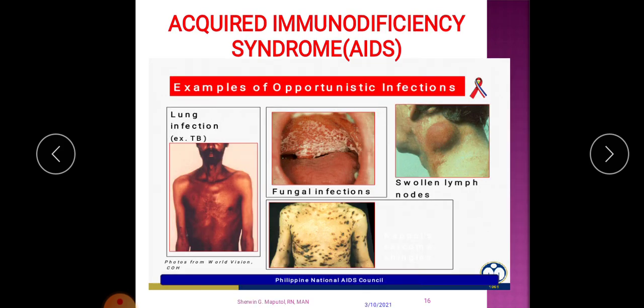These are pictures of some of the opportunistic infections: tuberculosis, the fungal infection in the mouth, the swollen lymph nodes, and this one, which is what we call Kaposi's sarcoma, which is evident in the skin of an AIDS victim.